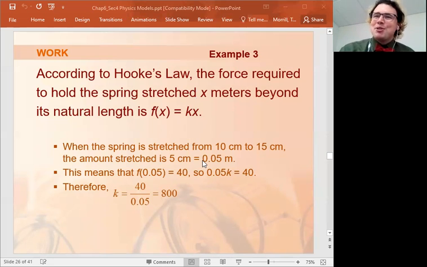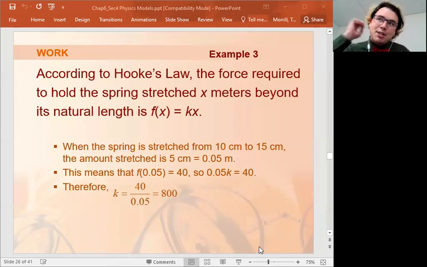So I can put those into my equation and say that 0.05, that's my x-coordinate, times k must be 40. So k must be 800, just a simple piece of algebra.